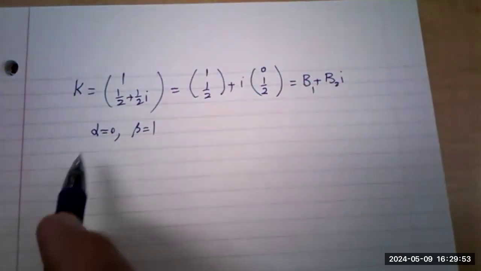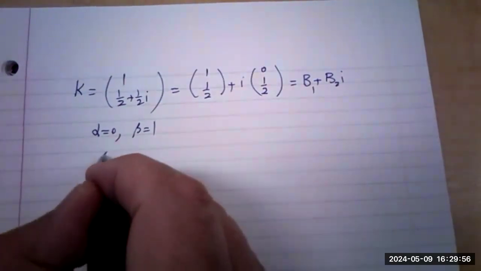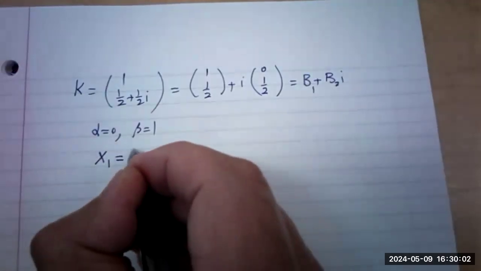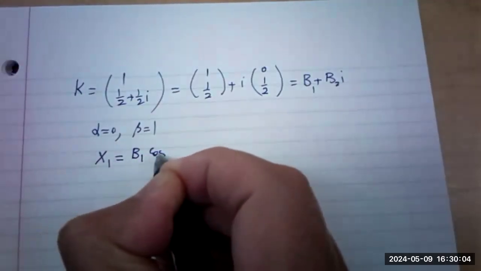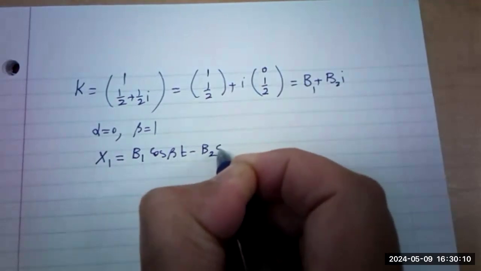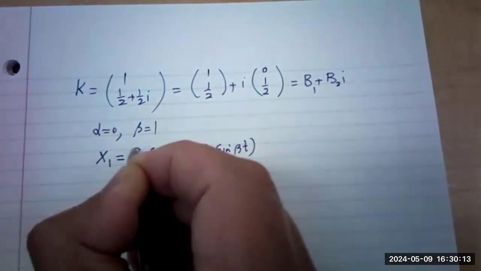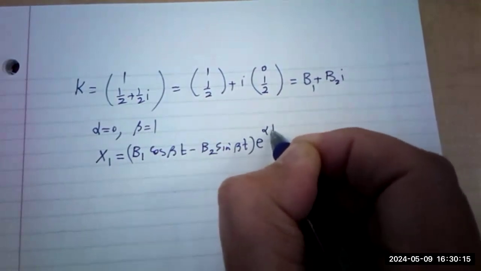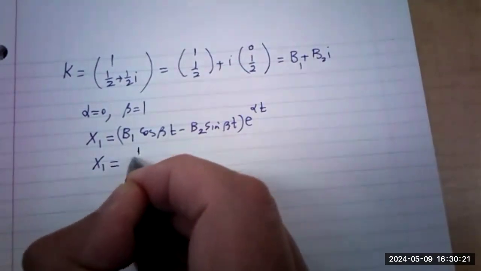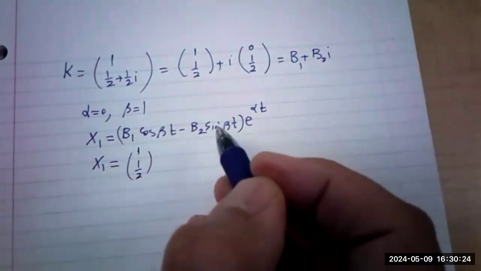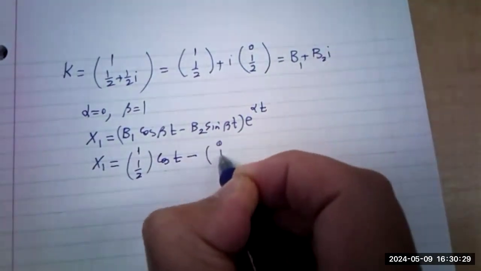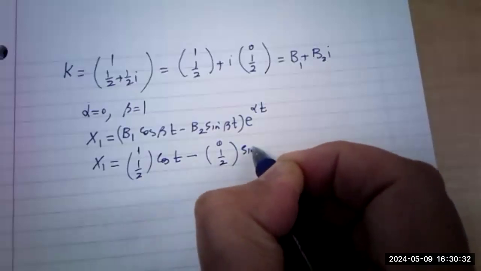So we get the solution x1. Remember, x1 was b1 cosine of beta t minus b2 sine of beta t, times e to the alpha t. Since alpha is 0, that gives you simply b1, which is 1/2, cosine of t, minus b2, which is 0, times 1/2 sine of t.